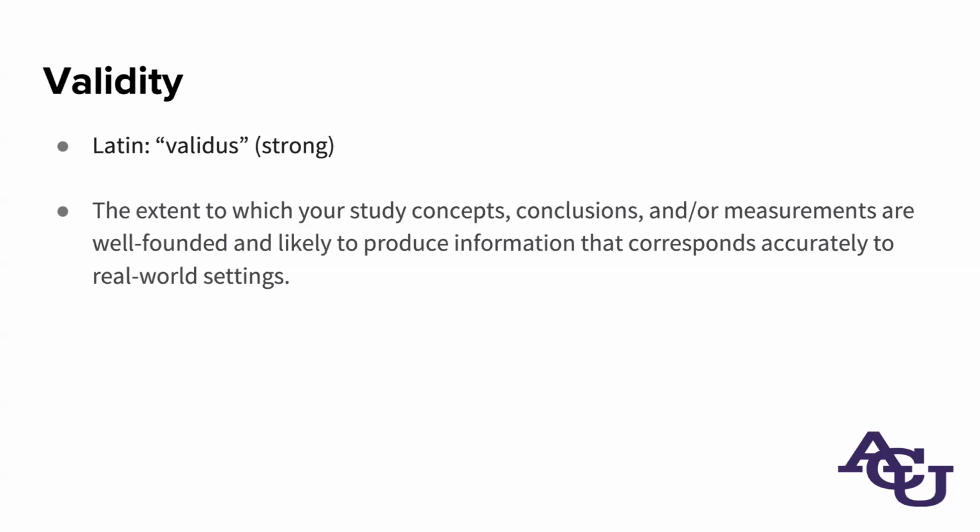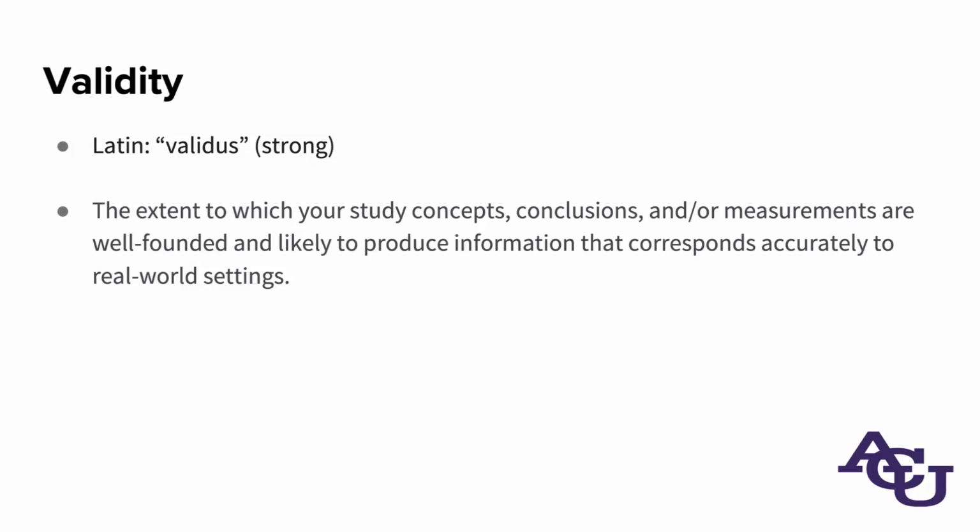And so validity in the research sense is the extent to which the things that you're doing in your study, its key concepts, the conclusions, the measurements that you make of things that become data, how well-founded, how well thought out, rational, justified, and thus how likely are they to produce information that is applicable to the real world, that corresponds to the real world, that accurately reflects things in the real world and how to make them better, how to address a problem, etc.